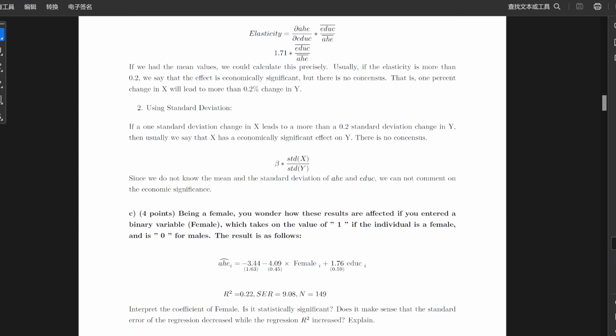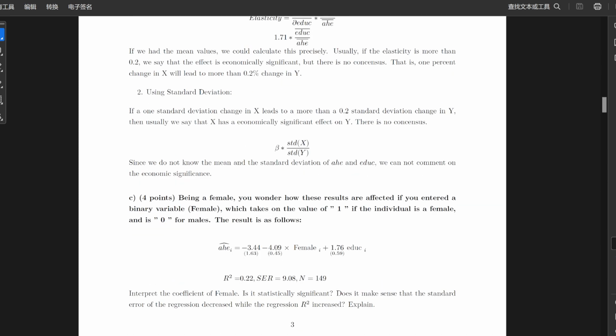Part C, being a female, you wonder how these results are affected if you enter a binary variable female, which takes a value of 1 if the individual is a female. You add this, and the result is here: your standard errors, coefficients, new R square, SER.